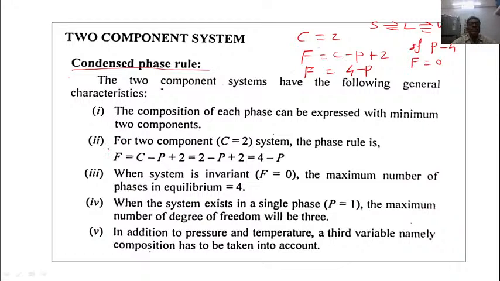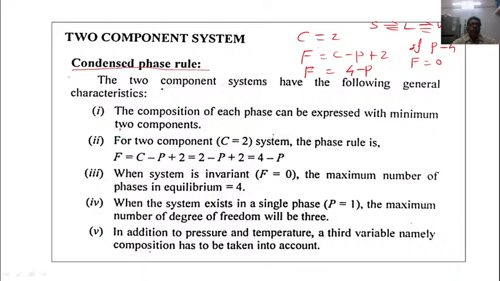So let us see what this condensed phase rule is. We are going to change the phase rule here, and that phase rule is called the condensed phase rule. Now the two component system has some general characteristics. The first general characteristic is that the composition of each phase can be expressed with a minimum of two components.